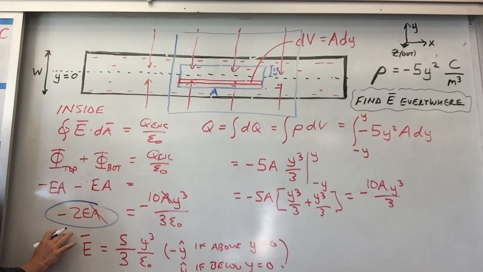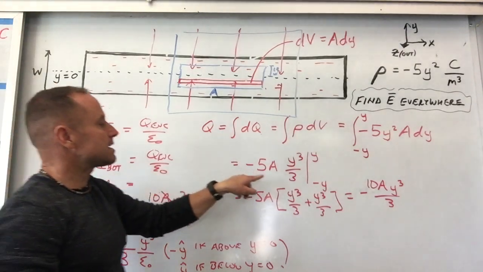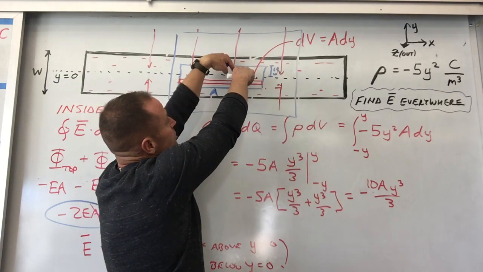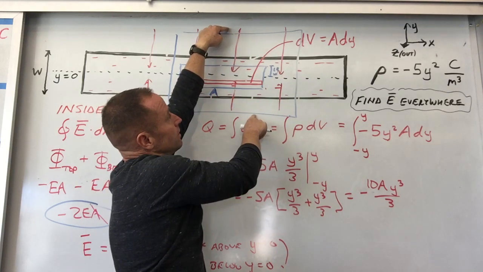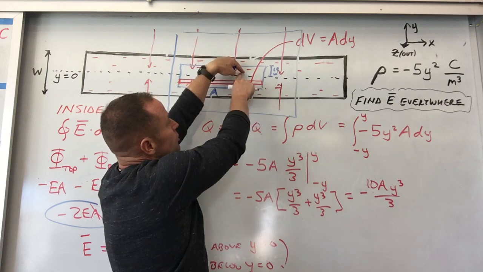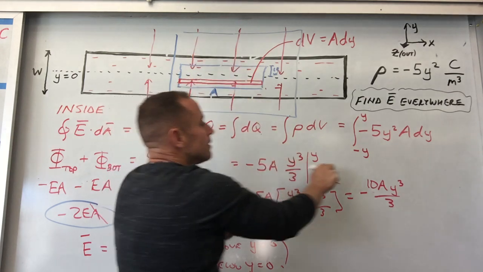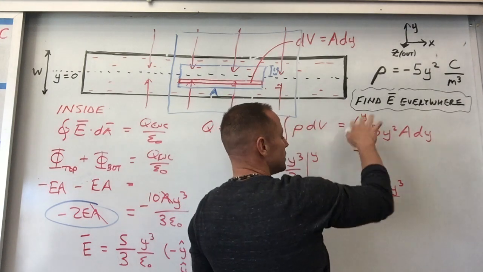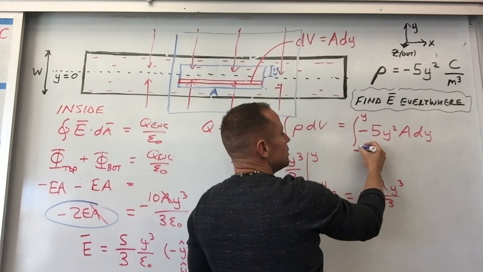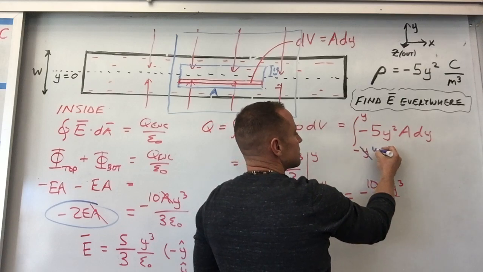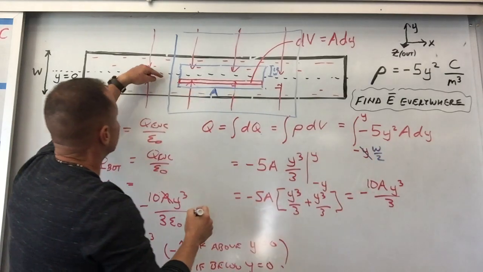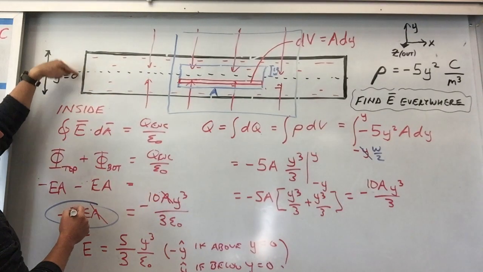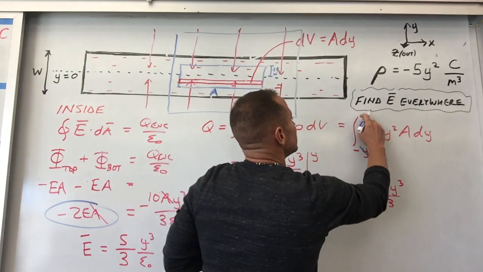This is all the same. When you're outside, all that changes is the limits of integration on the enclosed charge. You don't want to integrate all the way out to where your Gaussian surface is. You just want to go to the edges of the slab. So for outside, I'll just do this in blue instead of rewriting everything. You'll integrate from minus W over 2, which is half the width of this thing, to W over 2.